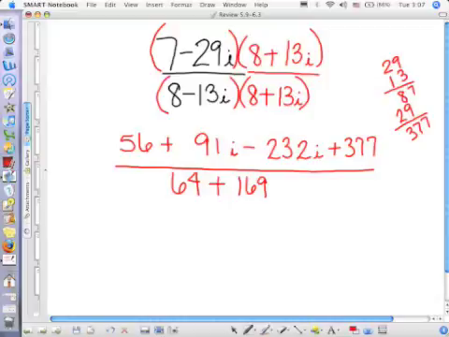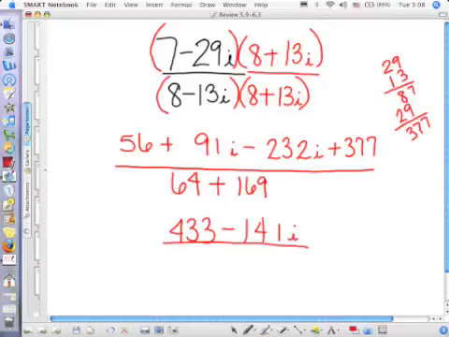And then cleaning up this fraction, we're going to add our like terms. 56 plus 377 is 433. Positive 91 minus 232i is negative 141i.